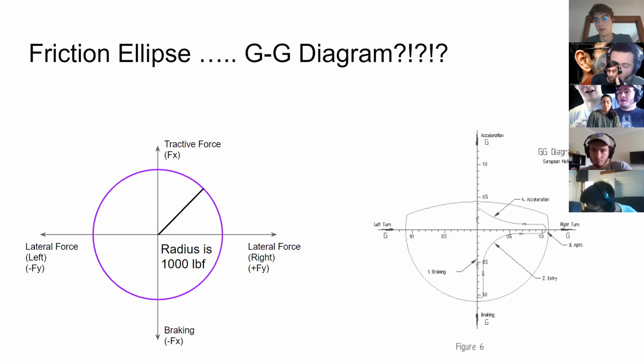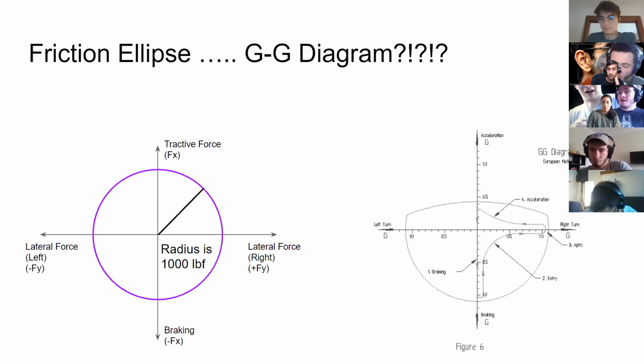And if you remember from the other plot, the reason that this upper section is a different radius is because we are a rear-wheel drive car, so we only get the benefit of 2 tires worth of force in the forward longitudinal direction. But you can see that these two plots are telling us a very similar story. So if we want to increase that GG diagram, which we determined is what makes us go around the track faster, we want to increase this frictional ellipse and always be on the right side of it.